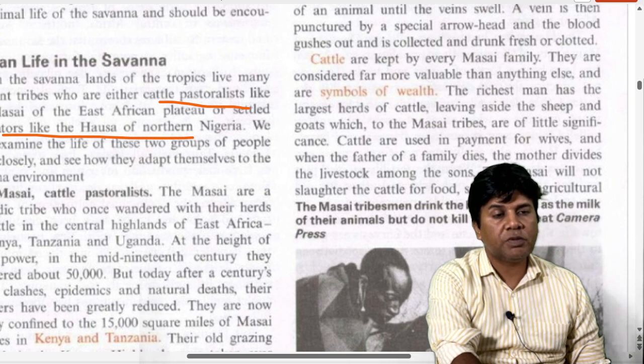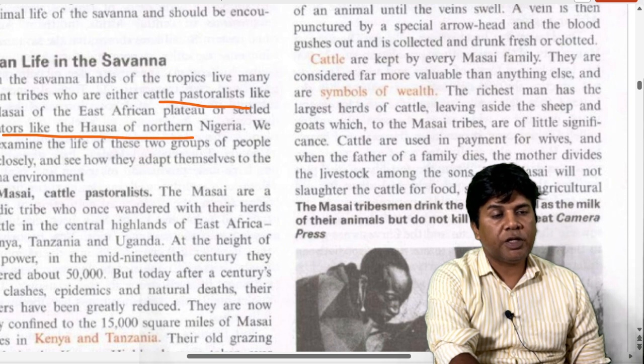But as we have talked about, in the savanna the precipitation is not as heavy as in the equatorial hot and wet type of climate. That's why the soil of this area also contains a lot of nutrients, and that is the reason why settled agriculture can be practiced.